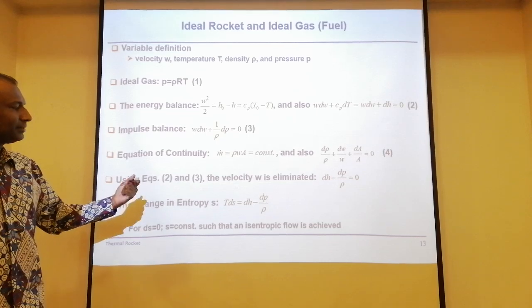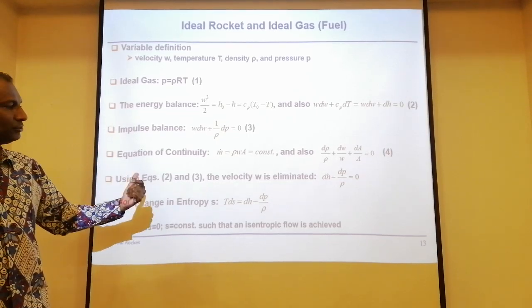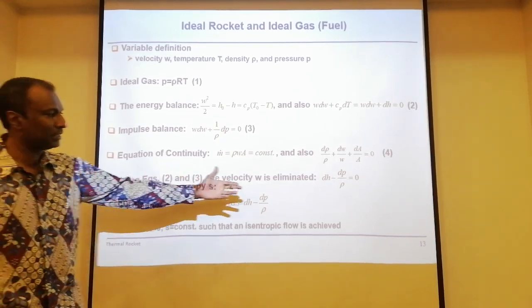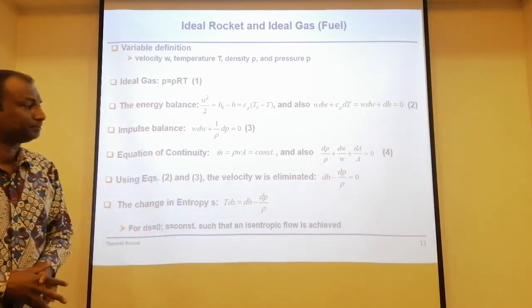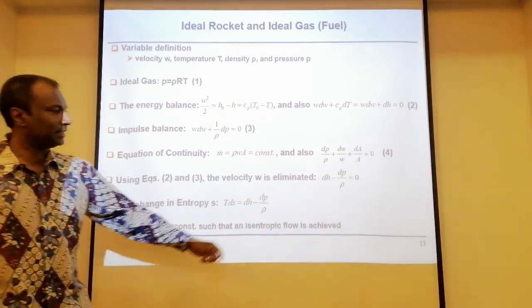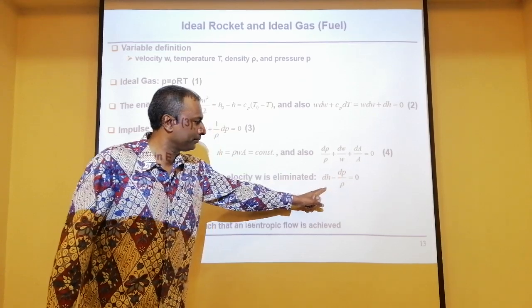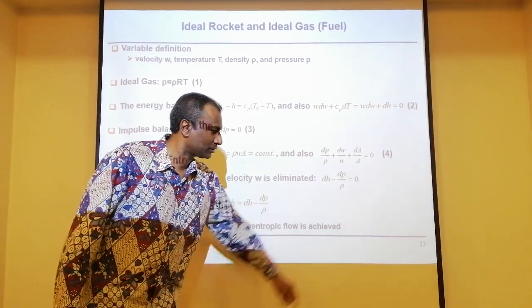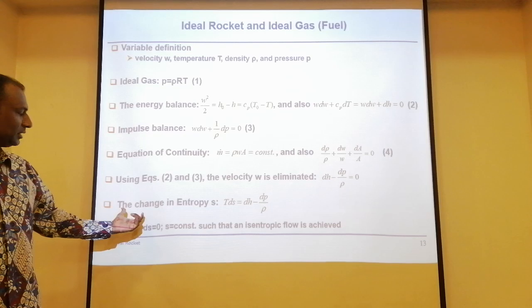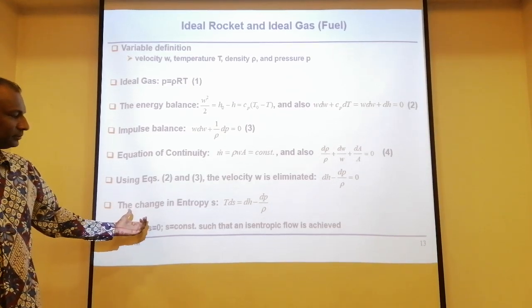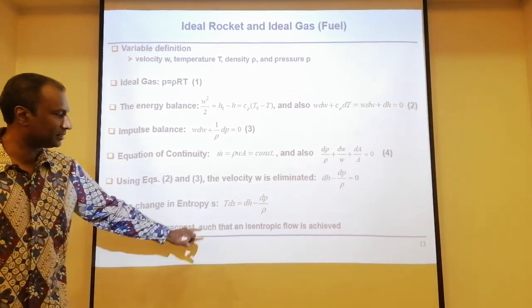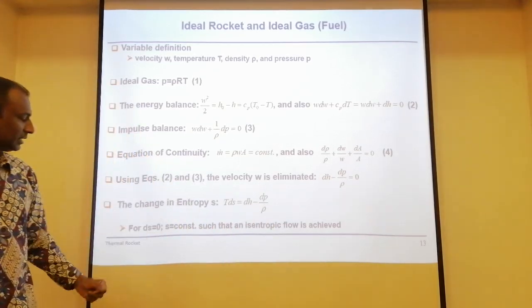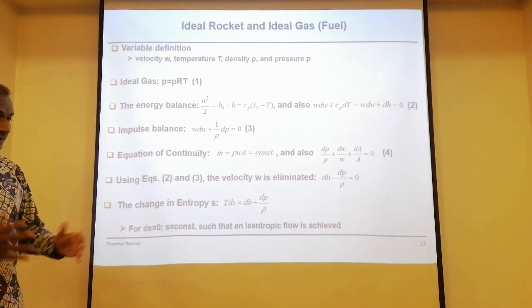Now using equations 2 and 3, I can deduce, basically the velocity W is eliminated, so therefore I have delta H, where H is enthalpy, over dP over rho equals 0. Therefore the change of entropy, S, is equivalent to this formulation. So for dS equals 0, practically there's no change.